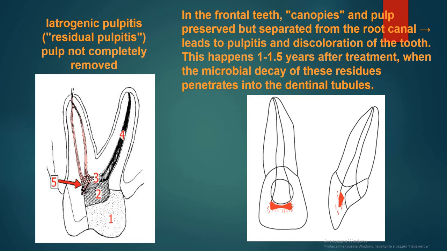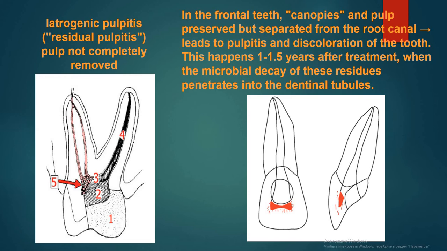In the left picture we see iatrogenic pulpitis, residual pulpitis, pulp not completely removed. In the right picture we see in the frontal teeth, canopies and pulp preserved but separated from the root canal.